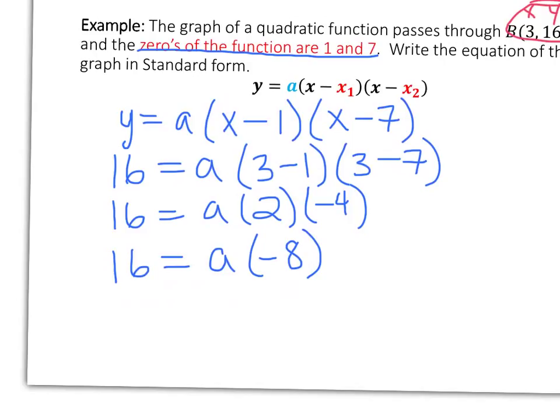So the next step in solving for a is dividing both sides by -8. And we've got a is equal to -2. So now that we figured out what a is equal to, which is -2, we can take this information and put it back into this equation right here and get our equation.